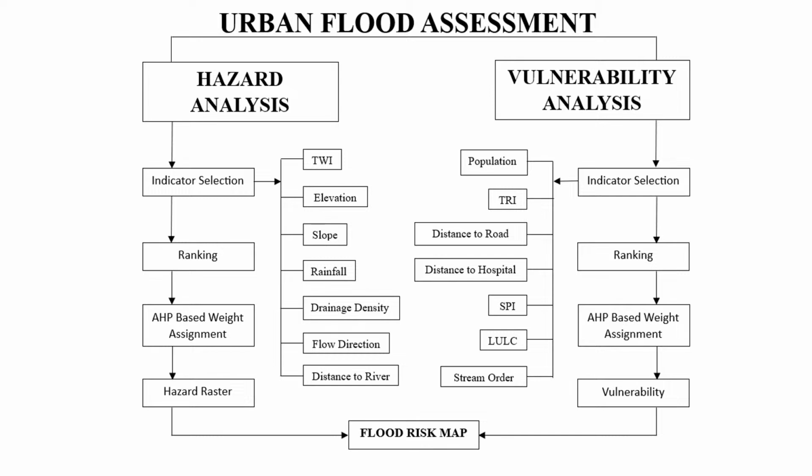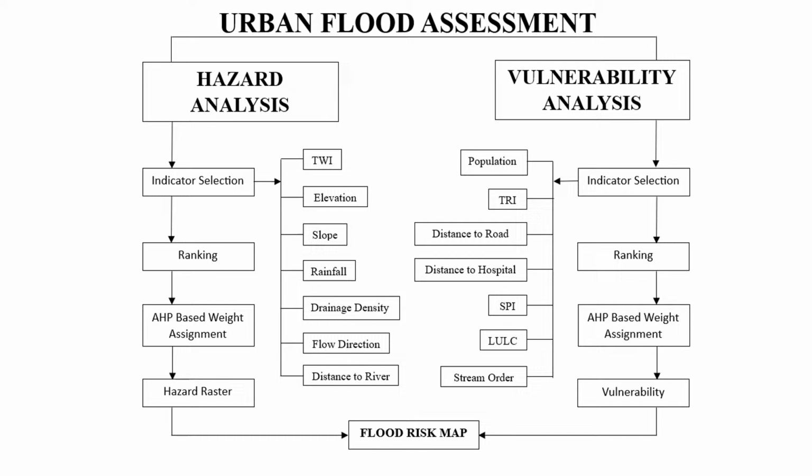So, which parameter will take the first rank, then second rank, like this you have to assign this rank. Then after that AHP based weight assignment, which parameter you will give the high weight and low weight, you have to decide here. Then you make the hazard raster. So, you will prepare the hazard analysis and hazard map.